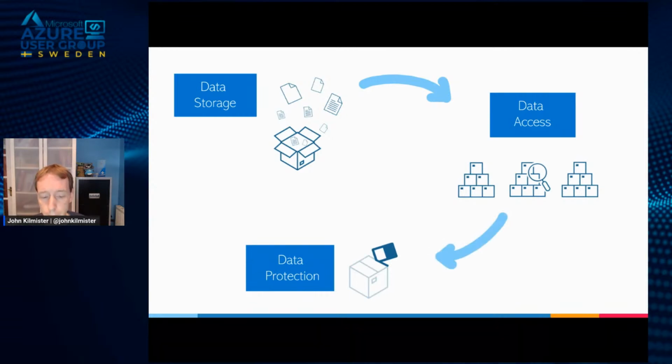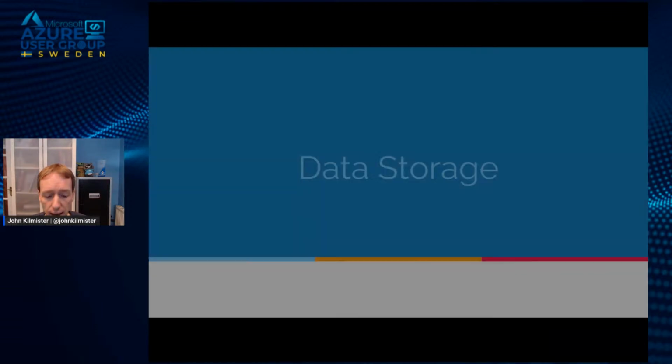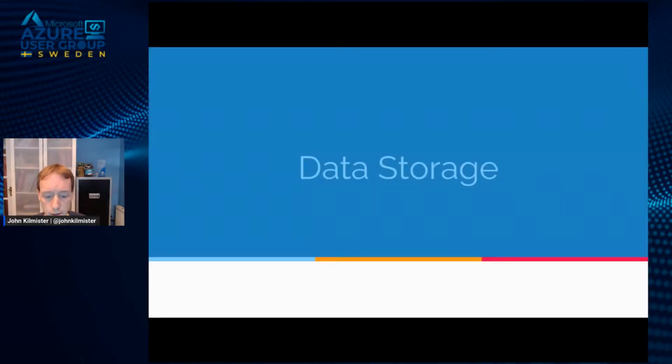No Azure service would be complete without data protection, and that is both security and how people access the files, but also redundancy and protection against accidental deletion. So with that, let's take a look at the first area, which is data storage.